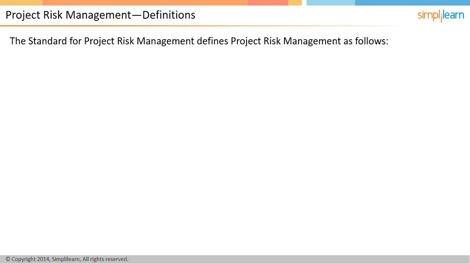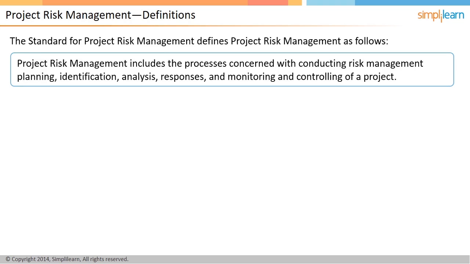Every project encounters some risks during its life cycle. You cannot run a project without managing the risks. Project risk management addresses these risks by planning and controlling them. The standard for project risk management defines project risk management as including the processes concerned with conducting risk management planning, identification, analysis, responses, and monitoring and controlling of a project.